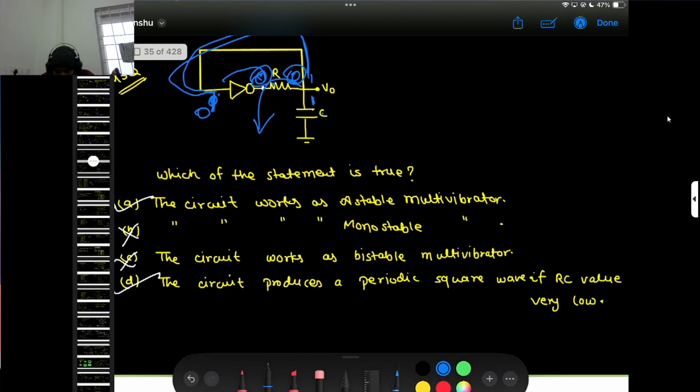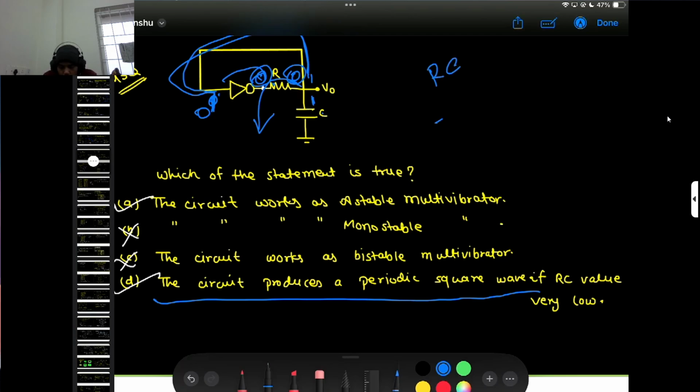The circuit produces a periodic square wave if the RC value is very low. RC value is low when R is fixed and the capacitor is also fixed. So if my capacitor is fixed, the discharge rate is quick. The voltage across the capacitor is V naught e to the power minus t by tau.